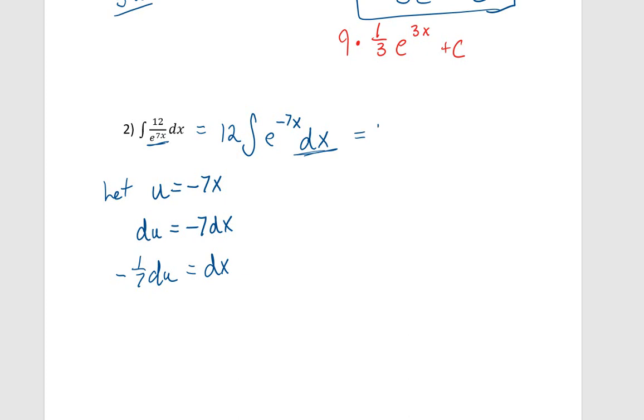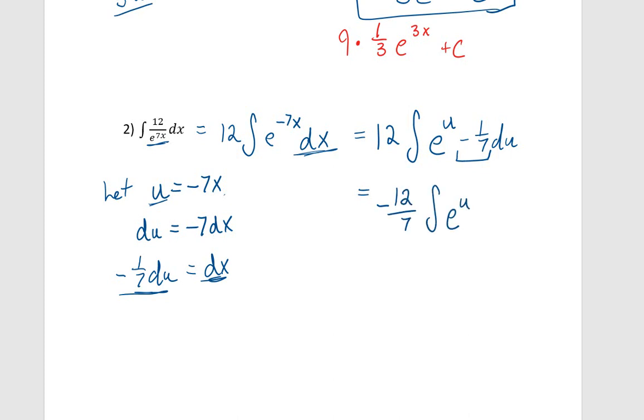Now, when I resubstitute all of this information in, I'm going to have 12 times the antiderivative of e to the, remember, I said negative 7x equals u. And then I said dx is equal to negative 1/7 du. I'm going to go ahead and take my constants and move them out in front. So that's going to give me negative 12/7 times the integral of e to the u du.